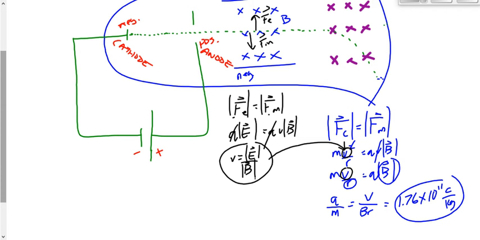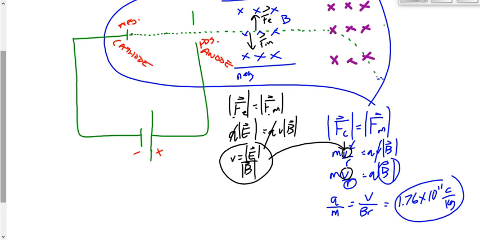It's a bigger number, in fact, than any other. This is the crux of the discovery of the electron, so pay attention to this, okay? This is a bigger number than any other charge to mass ratio ever measured. Nobody had ever measured the charge to mass ratio of any atom or anything to be bigger than this number.